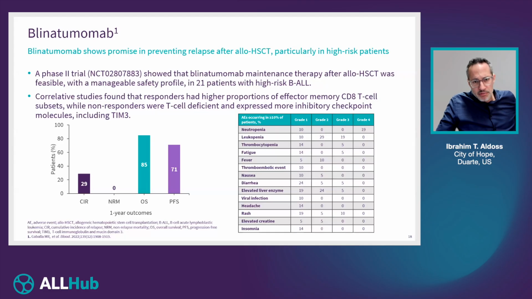But you can say that blinatumomab maintenance was safe overall. The risk of GVHD was low. Again, there was some excitement about the study, but it doesn't seem that it truly improves outcomes and decreases risk of relapse in this setting.